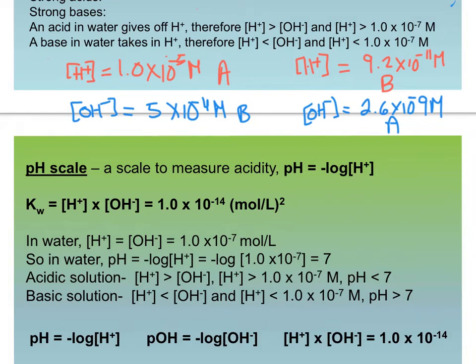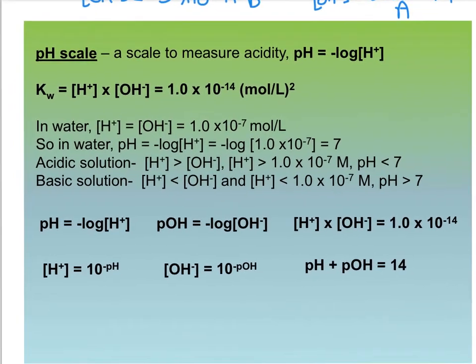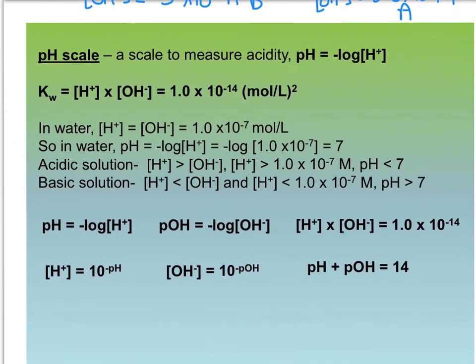I know you've talked about the pH scale before. The pH scale is a scale that measures the acidity or basicity or neutrality of a solution. And some people say that the P stands for power. When I took math in Egypt, we learned that P, lowercase p, means negative log.